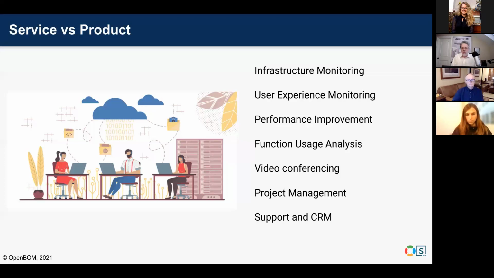You monitor the environment because, again, you provide a service. You do not sell a product. So you monitor the infrastructure, user experience, and performance. So you can make a measurement, and once you can measure something, you can improve it.